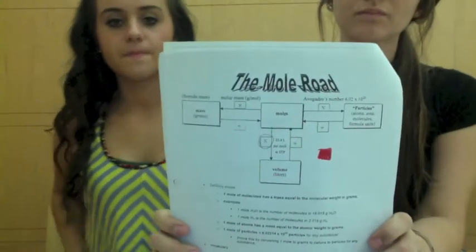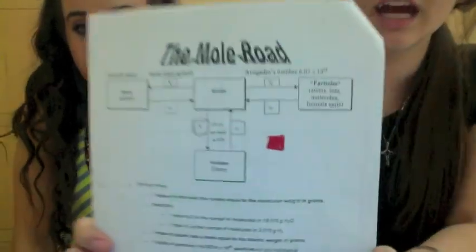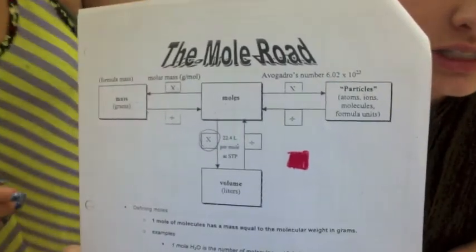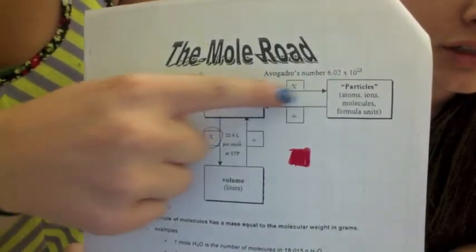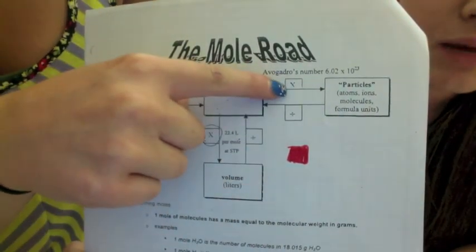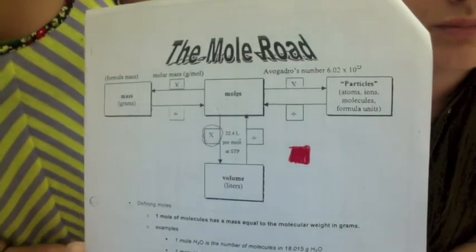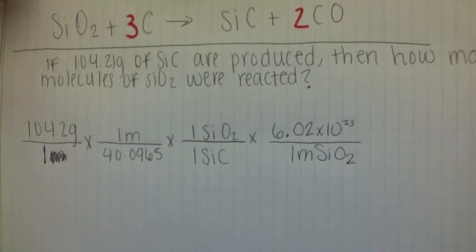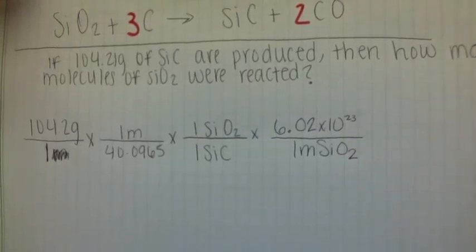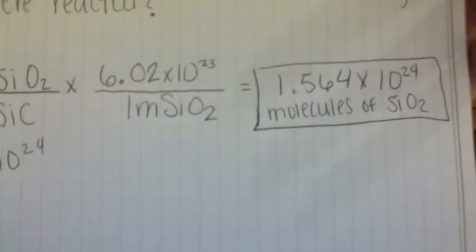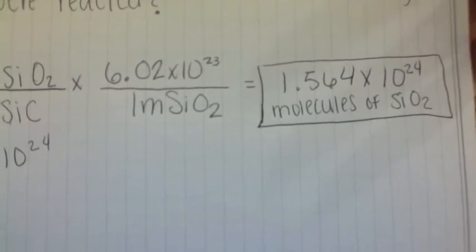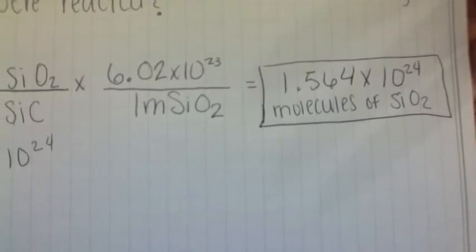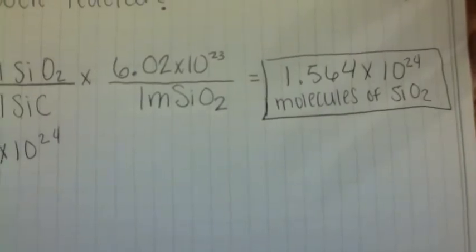The mole map is going to be needed again, and you will see that you need to go from moles to particles. To do that, you will need to multiply by Avogadro's number, which is 6.02 times 10 to the 23rd. After you put it all together, your equation should look like this before you get your answer. Your answer should come out to 1.564 times 10 to the 24th molecules of SiO2.